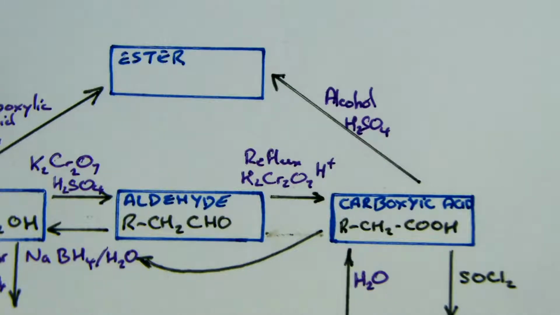Now, from my haloalkane, let's see if we can make something. We should be able to make several things from my haloalkane. I would think from my haloalkane, one of the things I can make is an amine.